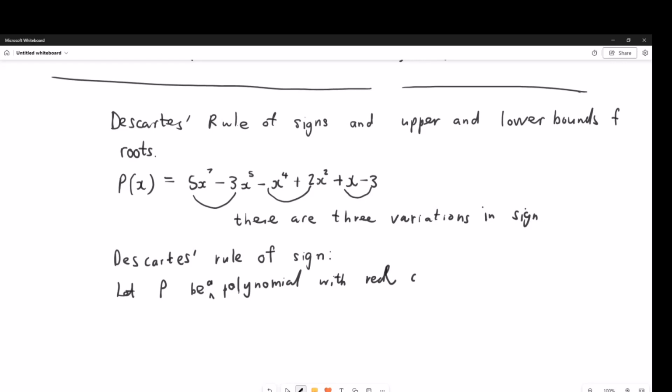Those a_n, a_(n-1), a_1, a_0, they are real numbers. They're not just integers, they are any real number. So that's the requirement there.